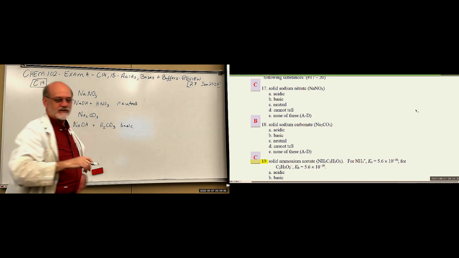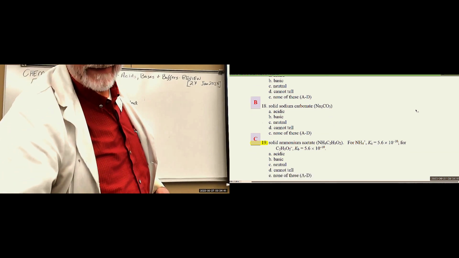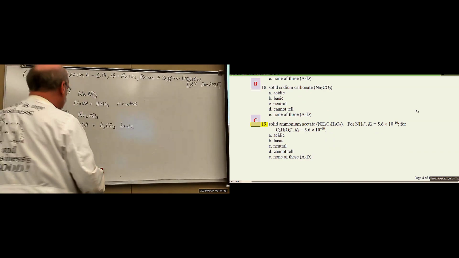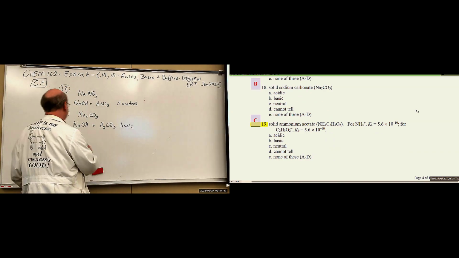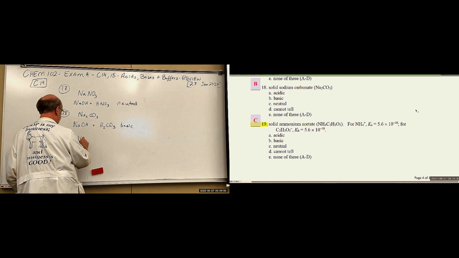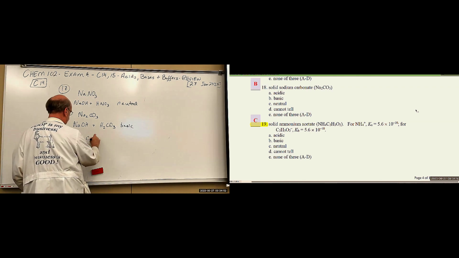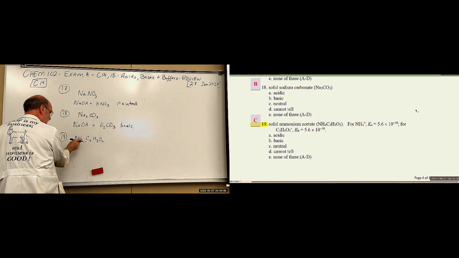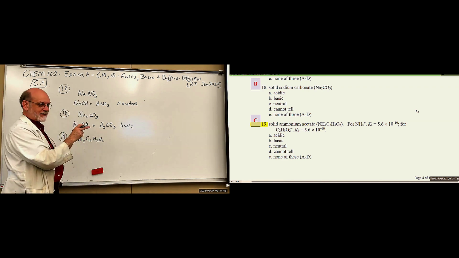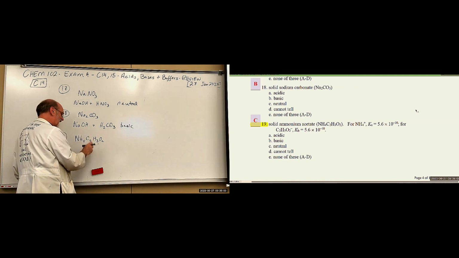And the last one, the one that's actually highlighted. Okay. This is ammonium acetate. So this one's derived from a weak base. This one's derived from a weak acid.